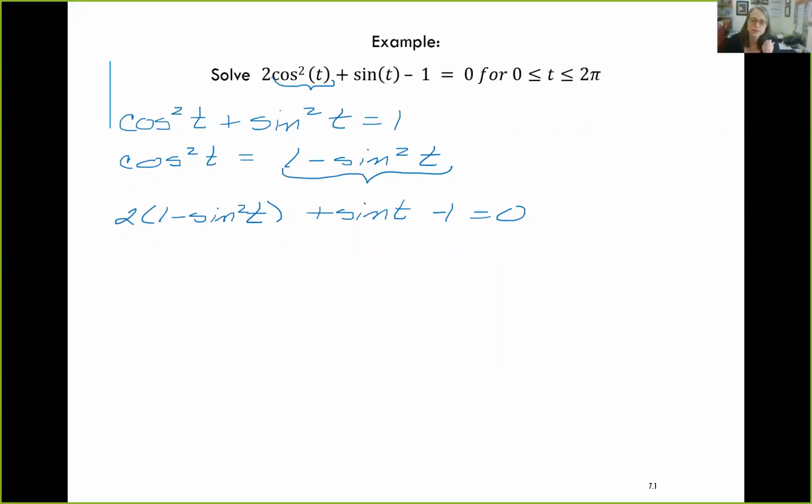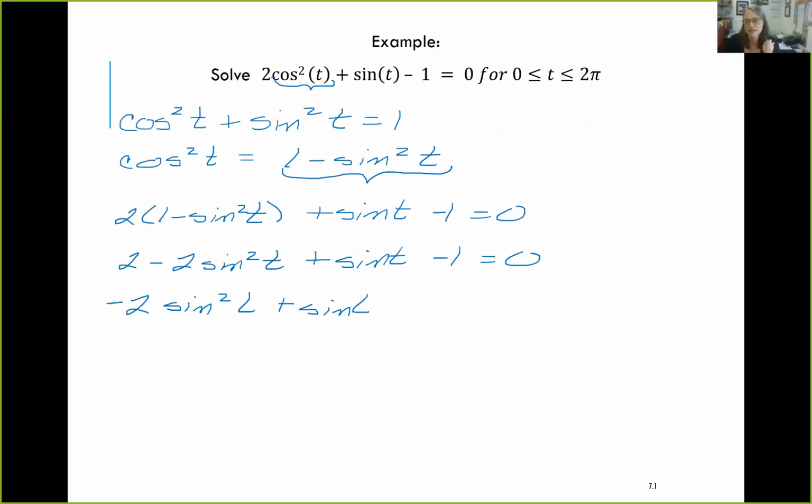Distribute my 2 through, and I've got 2 minus 2 sine squared t plus sine t minus 1 equals 0. Combine like terms, we end up with -2 sine squared t plus sine t plus 1 equals 0.